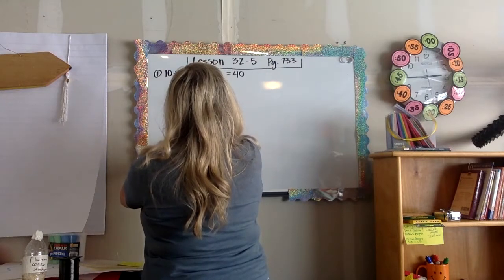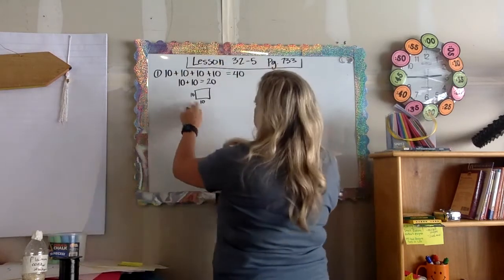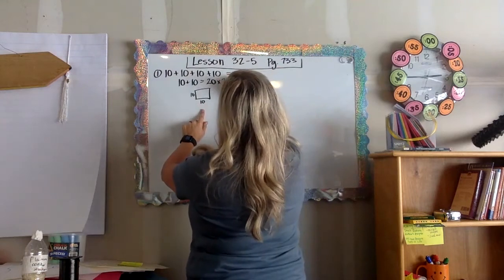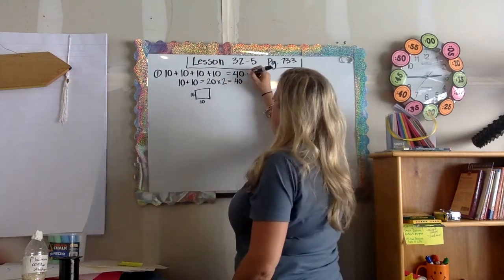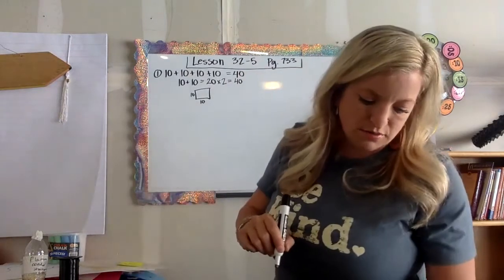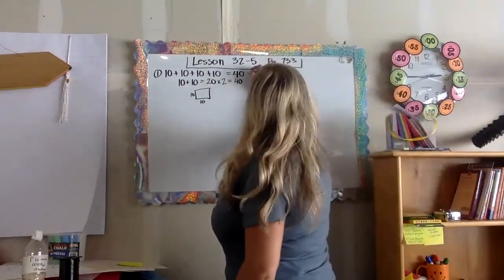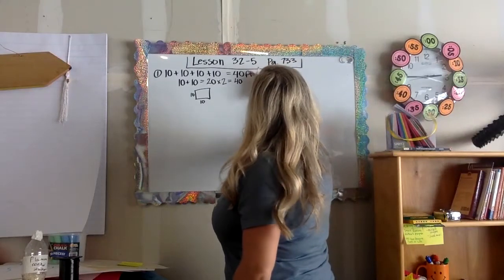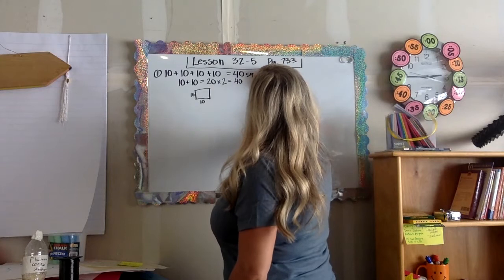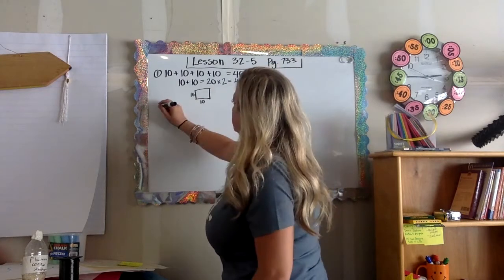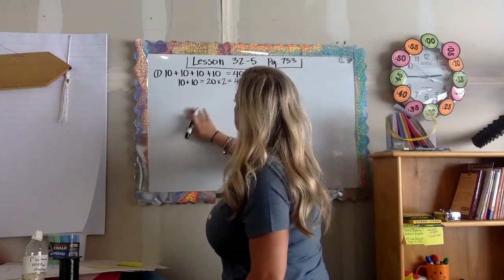So say this is 10 and this is 10. 10 plus 10 is 20. 20 times 2 is 40. So the perimeter is 40, and then let's see what units we're talking about, feet. 40 feet. Oops, 40 square feet because we made a square. 40 square feet. That is number 1. I'll erase this so there's more room.